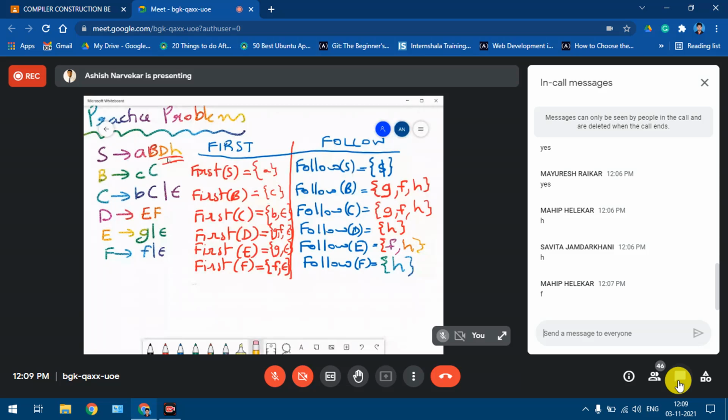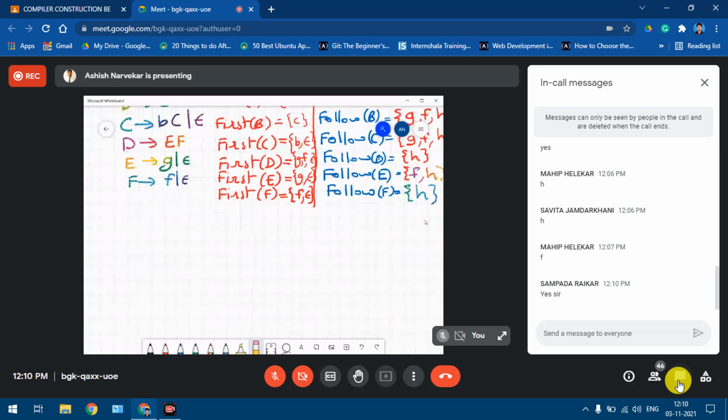Otherwise, we'll go to the next problem instead of spending time on the same, so that we can get practice of another problem also.